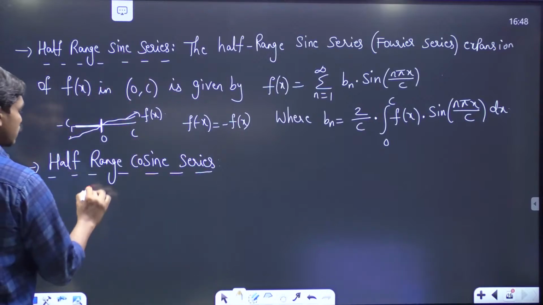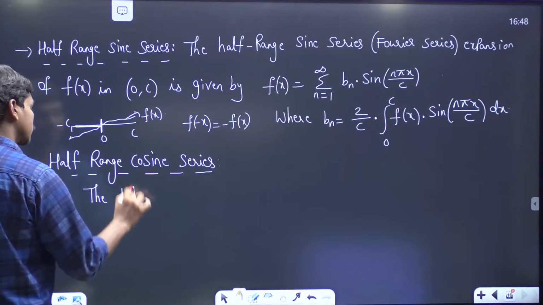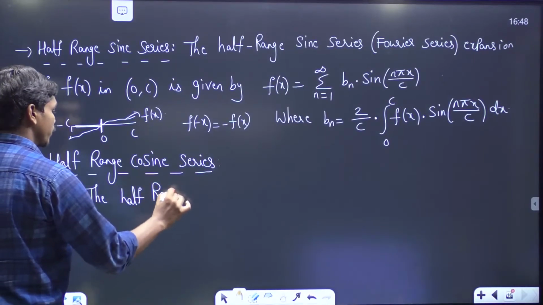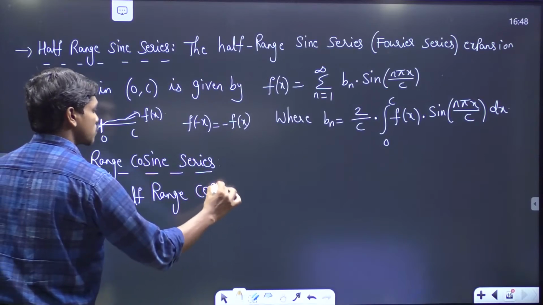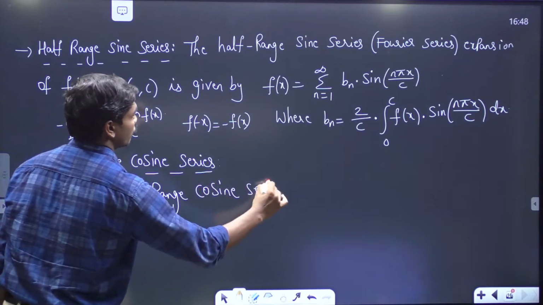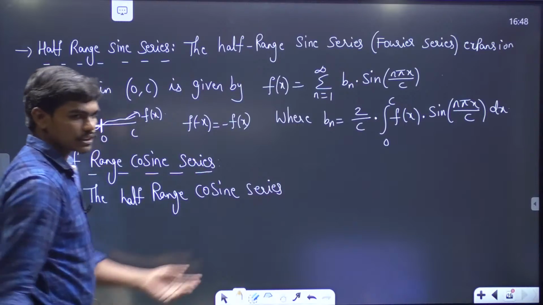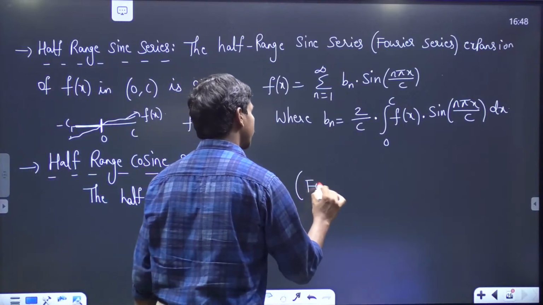Next, the half range cosine series. In a sense we deal with Fourier series only.